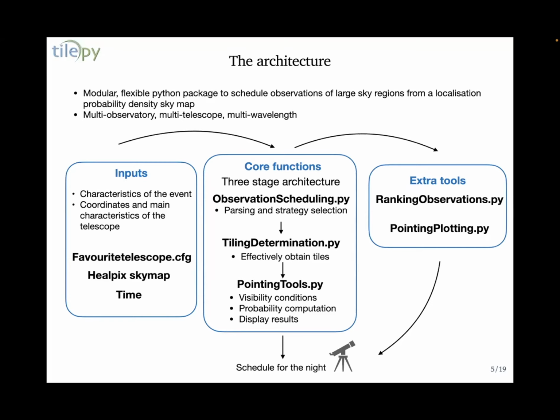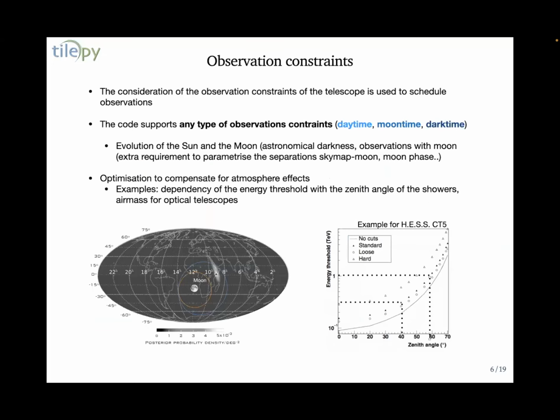You have the observation scheduling, which is going to do the parsing and take decisions. Then we obtain the tiles, and for that, it uses the low-level functions that concern visibility, probability computation, and other optimizations. With all these, you can already get a schedule for the night, but we have some extra tools that I will describe later.